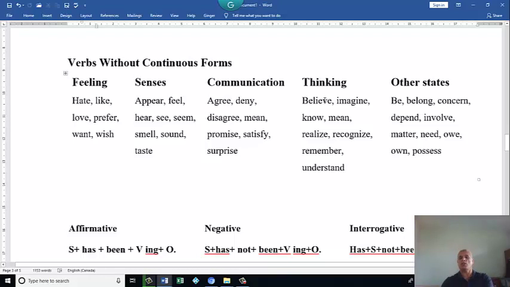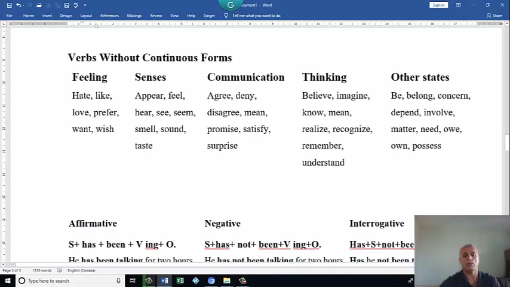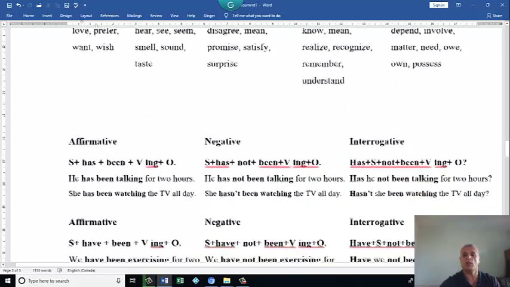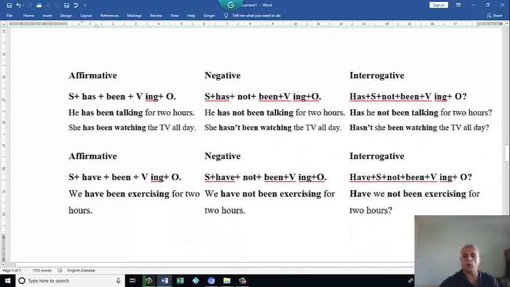Thinking: believe, imagine, know, mean, realize, recognize, remember, understand. Or other states: be, belong, concern, depend, involve, matter, need, owe, own, possess. Those verbs, we cannot make into the ing form. Maybe in some situations we could, but most of them we cannot.